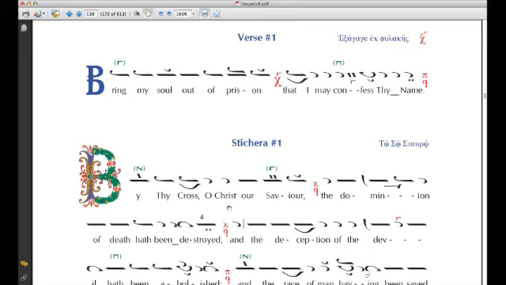Bring my soul out of prison, that I may confess thy name.